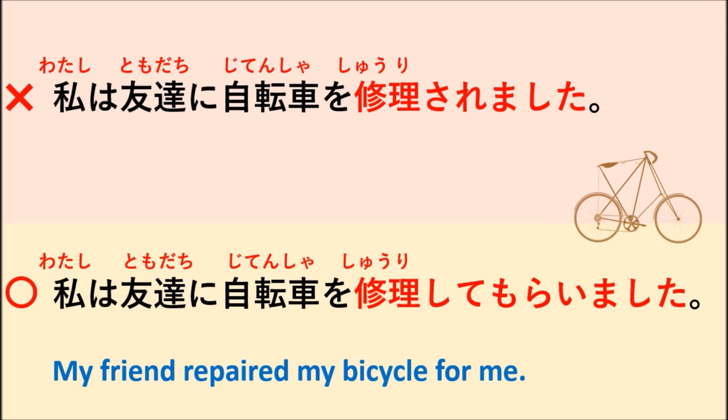So you should use てもらいます, not されます. されます is used when nobody asks somebody to do something, but it happened by the nature of the situation. So this is about the difference between てもらいます and されます, the passive verbs.